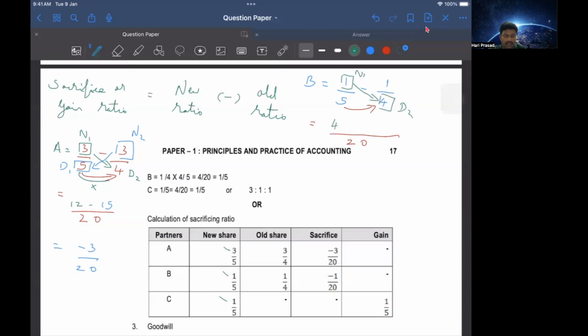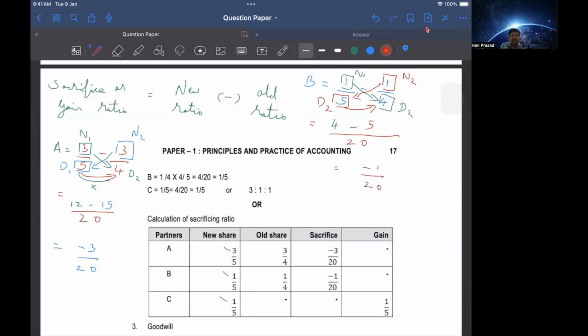Put that 4 in the numerator, minus numerator 2 into denominator 2. 1 into 5, 5. Minus 1 by 20.